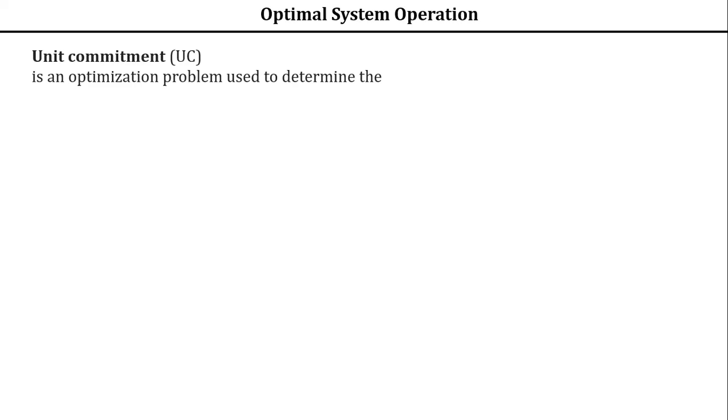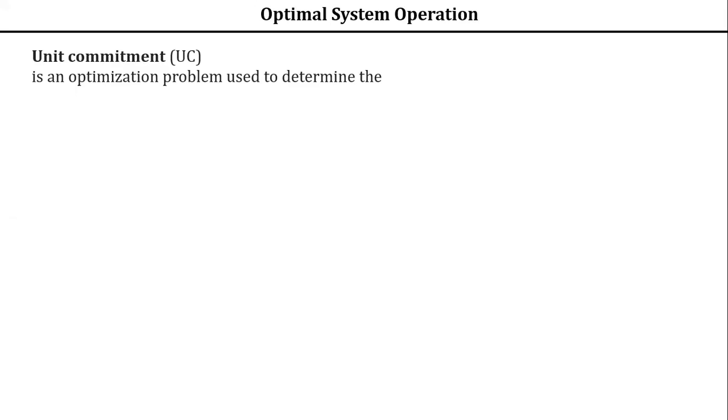So all these possibilities you have to try by solving the coordination equation. But the computational calculations will increase, so it becomes a tedious task. Therefore we have to use some optimization algorithm to solve such problems. That is known as dynamic programming, which we will be using to solve this unit commitment problem.